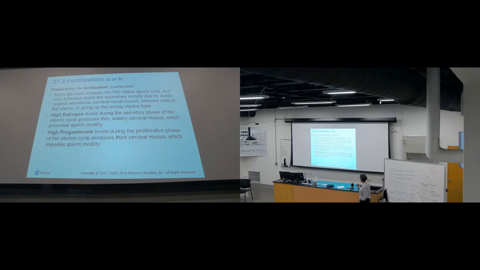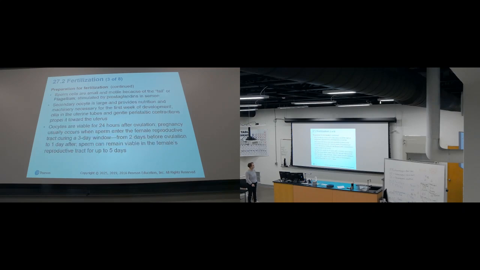Now, in the second phase, no matter if pregnancy happens or not, with the changes in mucus you will have a thicker mucus, so you don't expect that sperm cells will make it as easily. In this phase, which is called the secretory phase, you have high levels of progesterone.